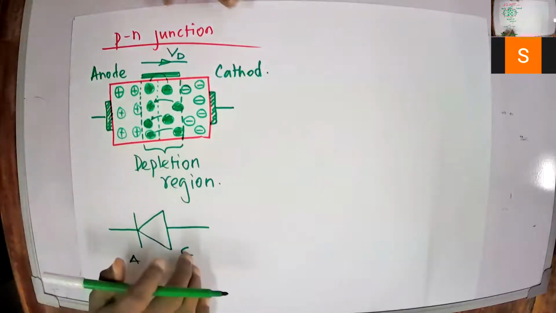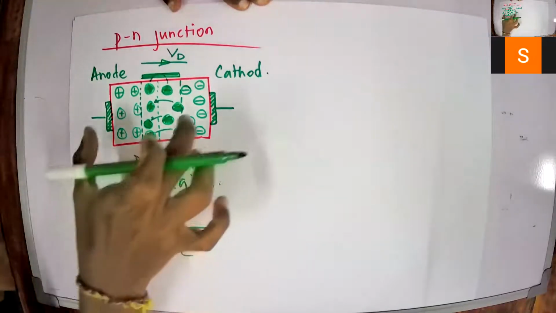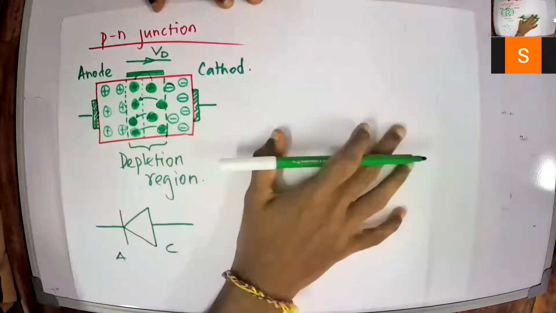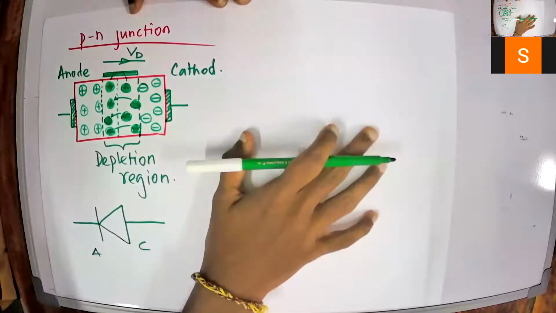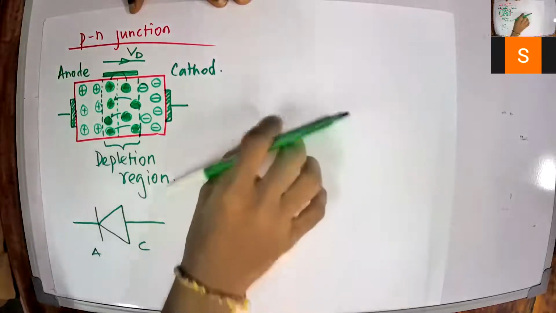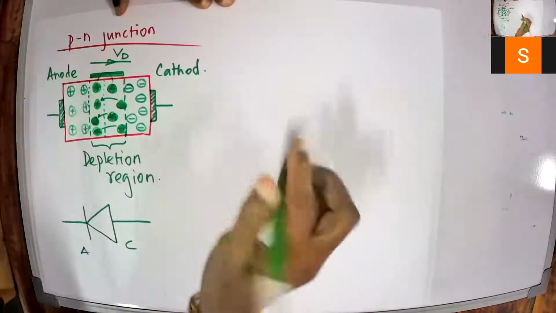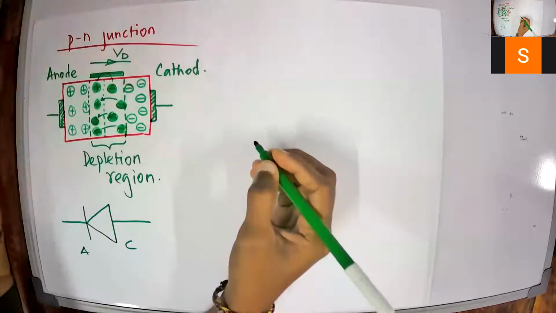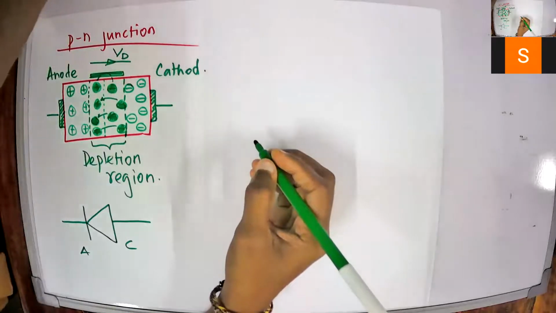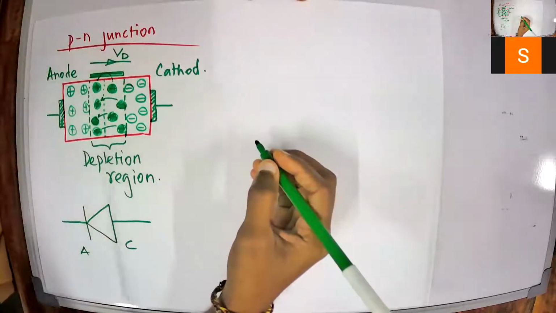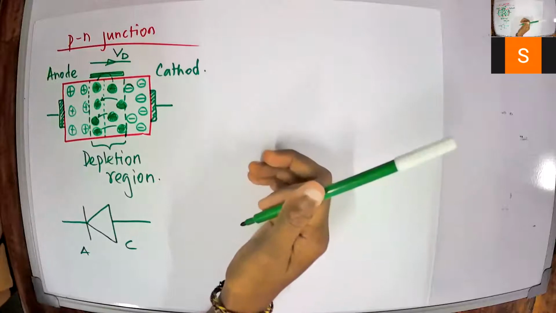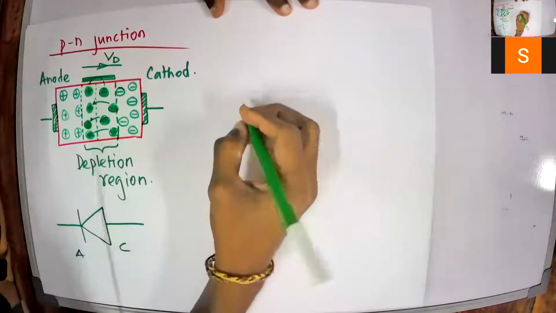Now let's see how this PN junction behaves whenever you apply an external bias. I'll draw it again.